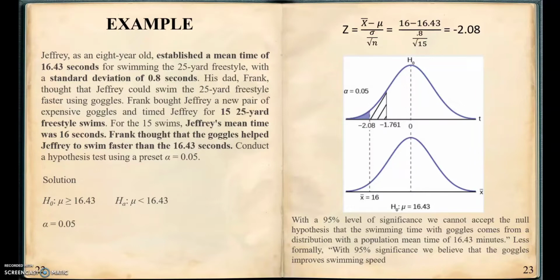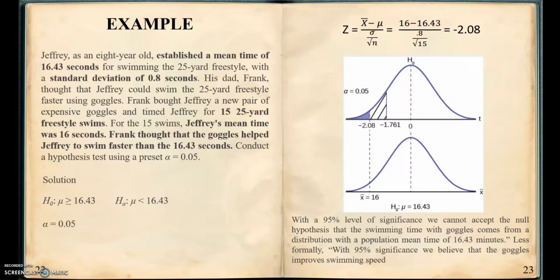For the 15 swims, Jeffrey's mean time was 16 seconds. Frank thought that the goggles helped Jeffrey to swim faster than the 16.43 seconds. Conduct a hypothesis test using a preset alpha equal to 0.05.